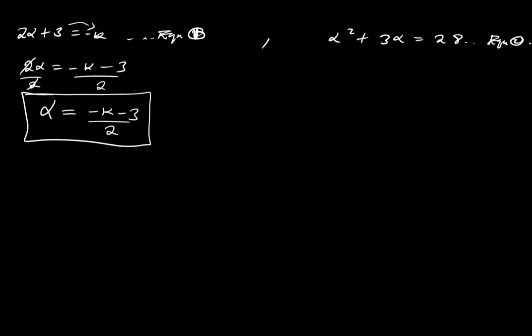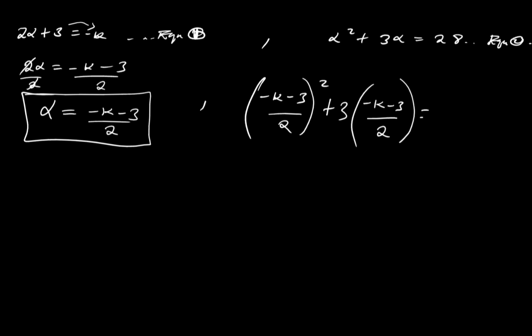So I now know that my alpha here is equivalent to this. So I'll have minus k minus 3 over 2 squared plus 3 times alpha, which is minus k minus 3 over 2, being equal to 28.